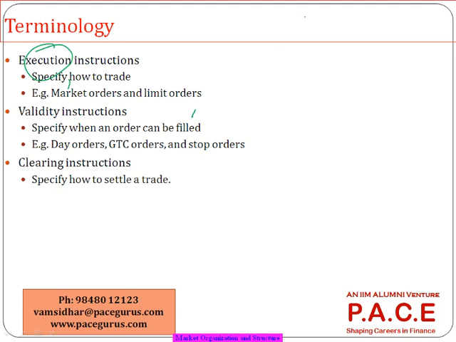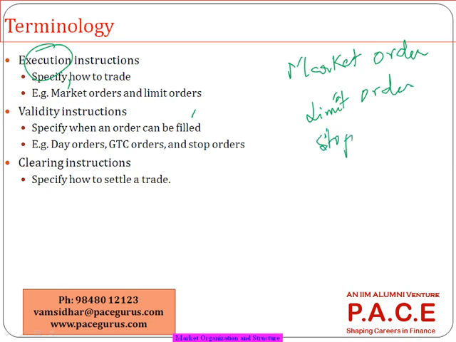The most common execution instructions are the market order, the limit order, and stop loss order. Market order is execute the buy or sell at the current market price. Whatever is the current prevailing price, you buy or sell at that particular price only.